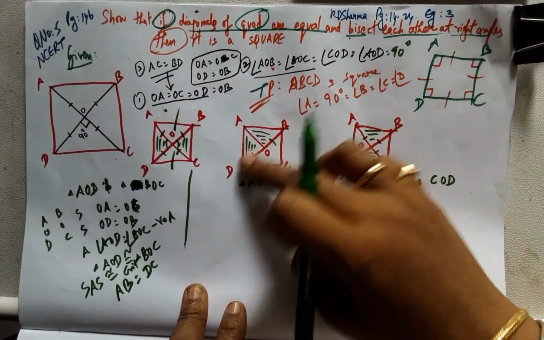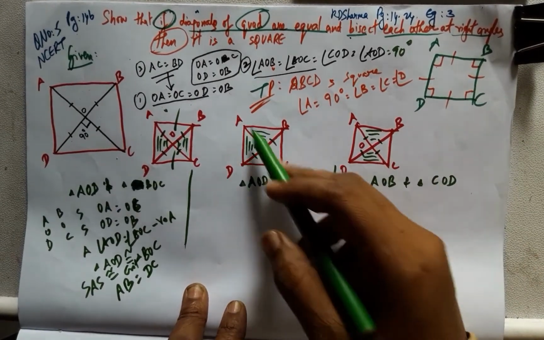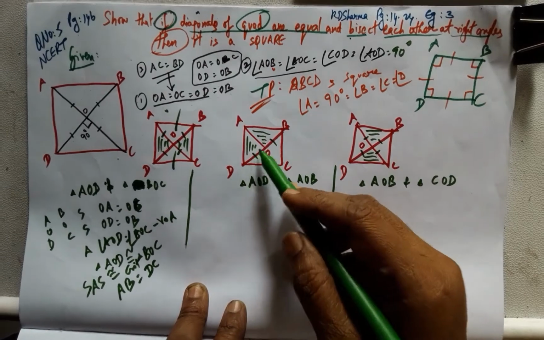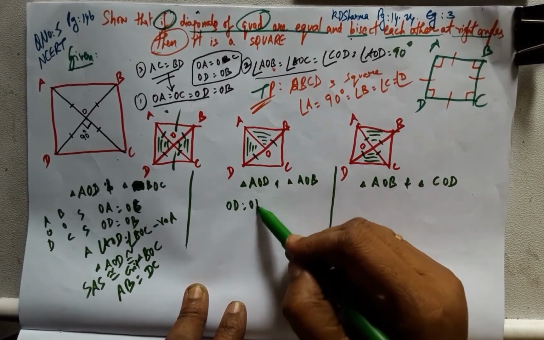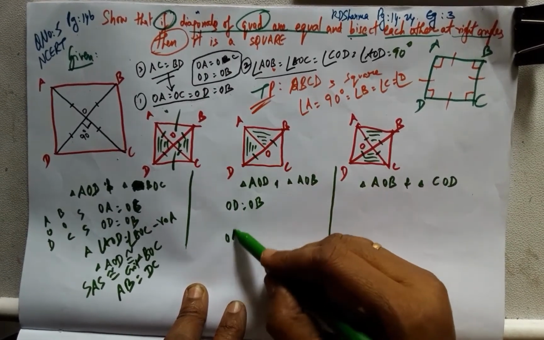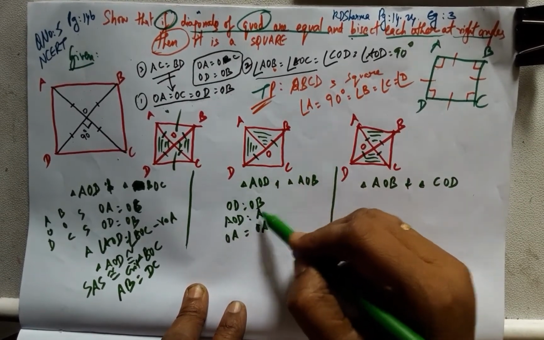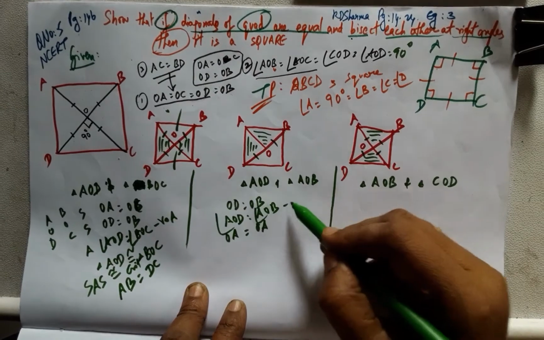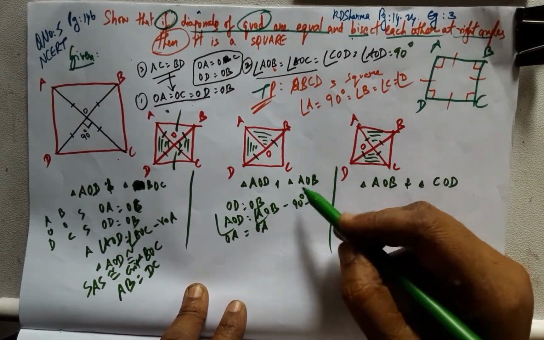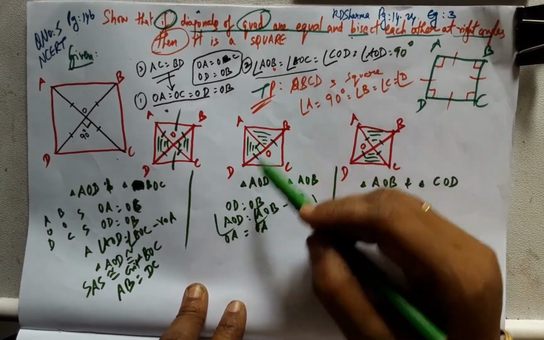Now considering the adjacent triangles AOD and AOB, we have as usual OD equals OB and OA is equal to OA, and angle AOD equals angle AOB, which is 90 degrees, and also each is 90 degrees, which is given.